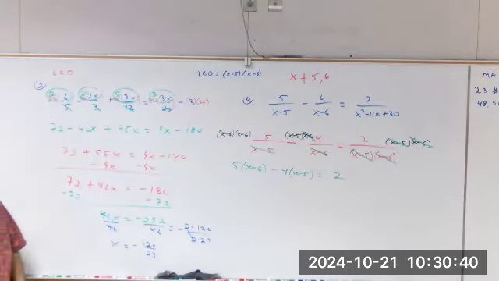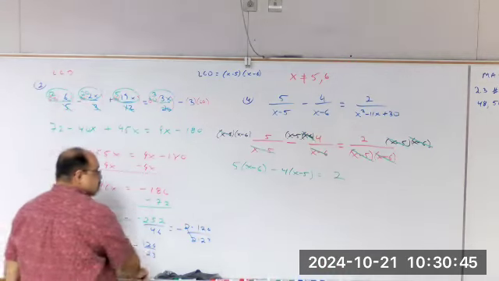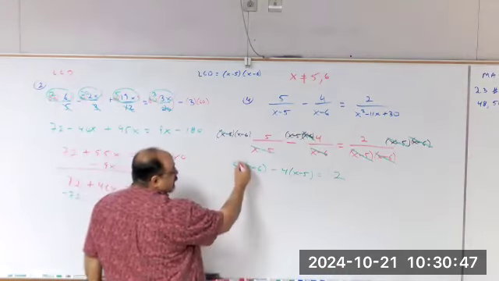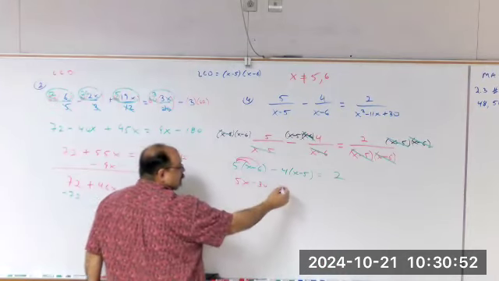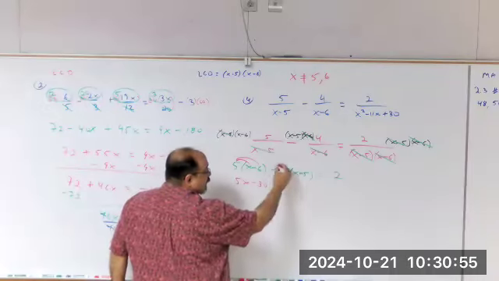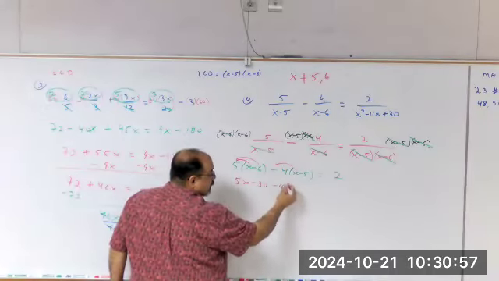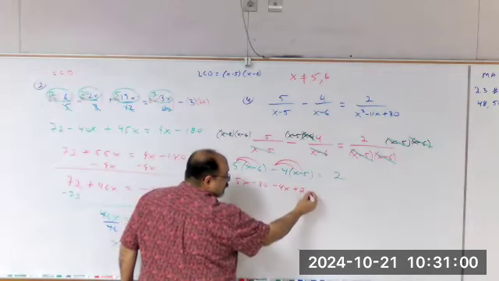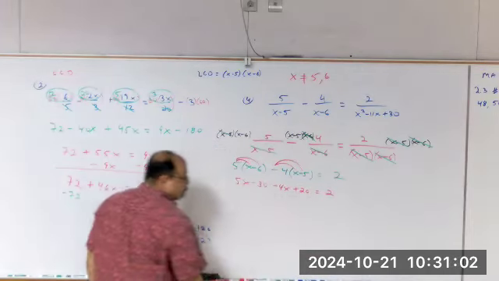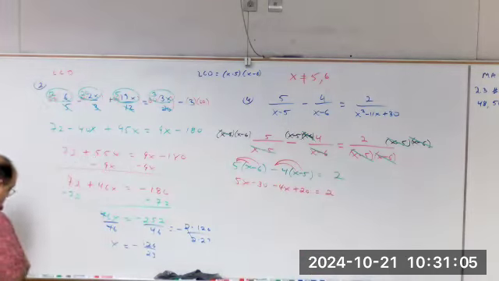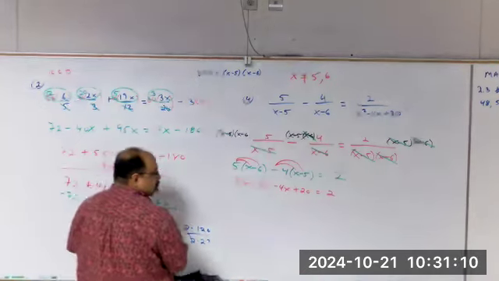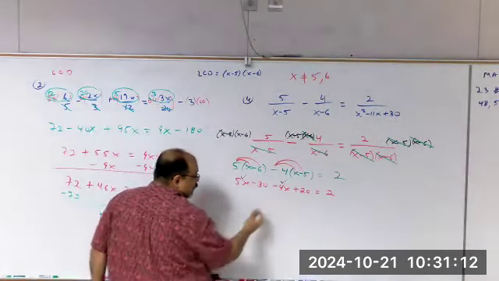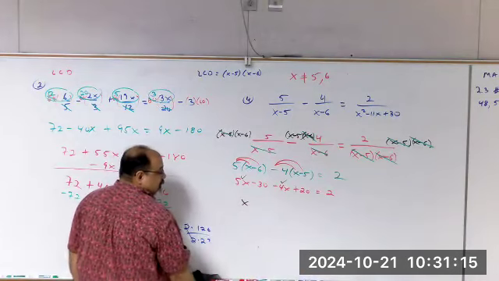We're still in step 1. Simplify both sides, undo fraction. Now we're simplifying. 5x minus 30. Distribute negative 4. Negative 4 times x plus 20 equals 2. 5x minus 4x is 1x.